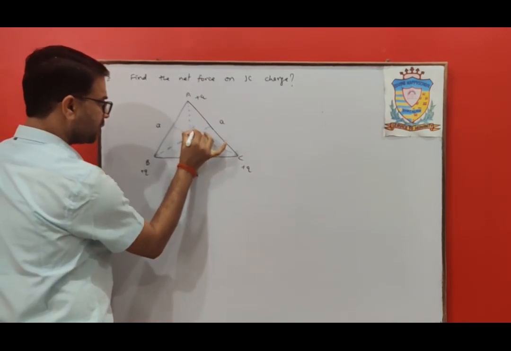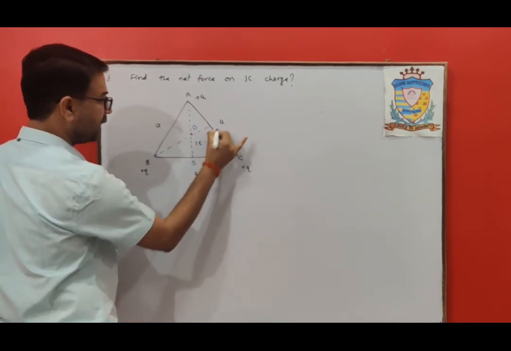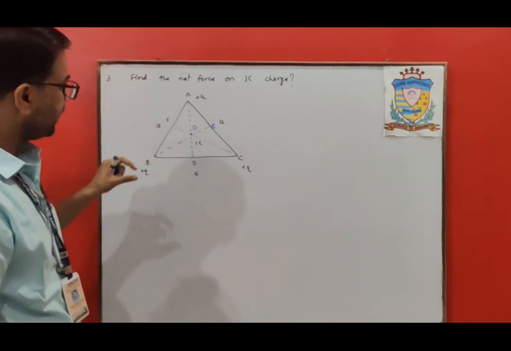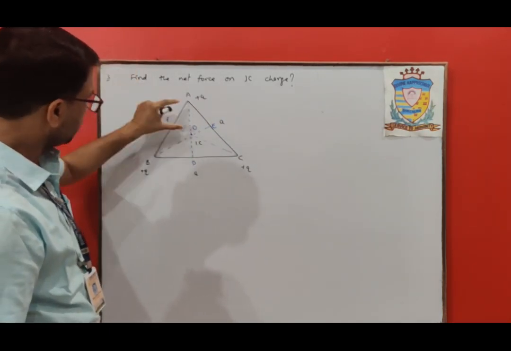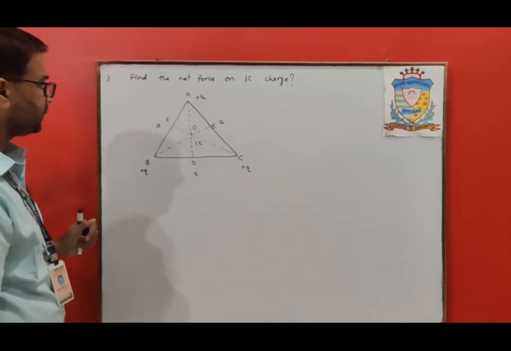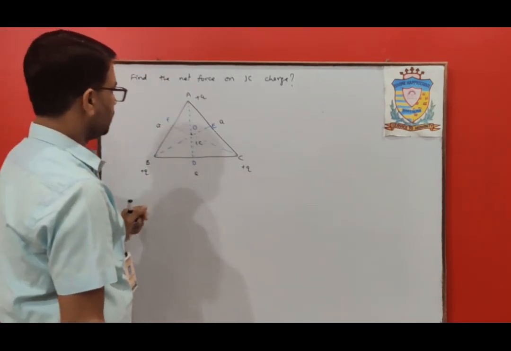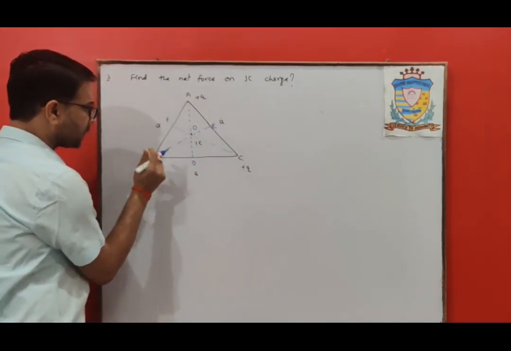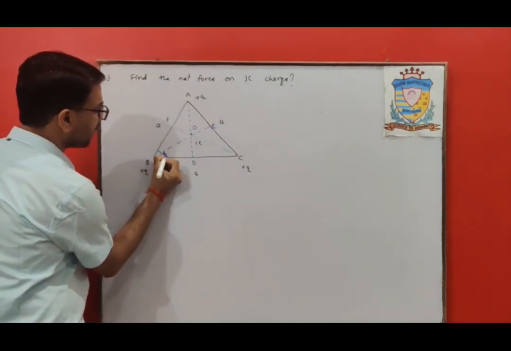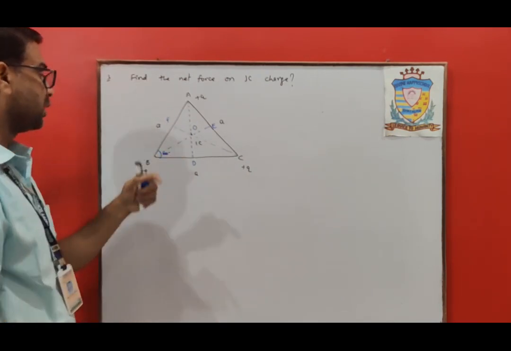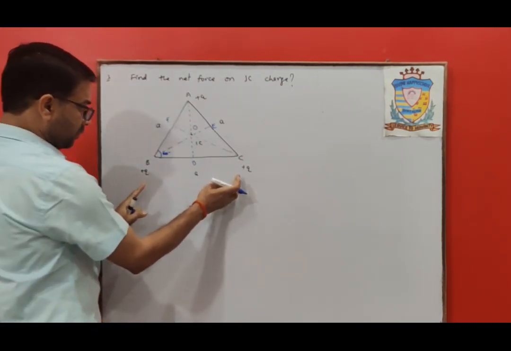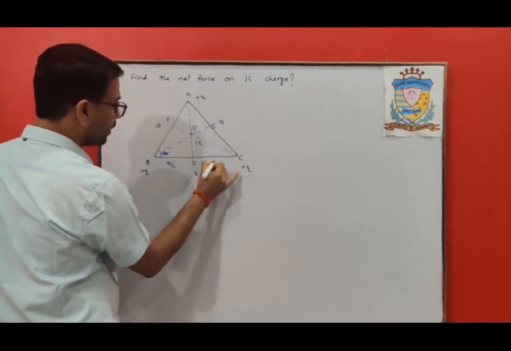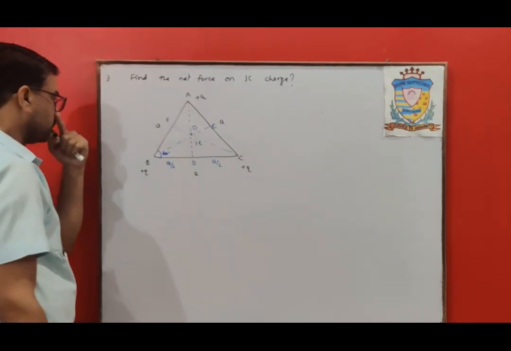Let this point be O and these points be D, E, F. So first we will calculate this distance. As we know, this angle is 60 degree because this is an equilateral triangle, and if the length of each side is A, so this becomes A by 2 and A by 2.